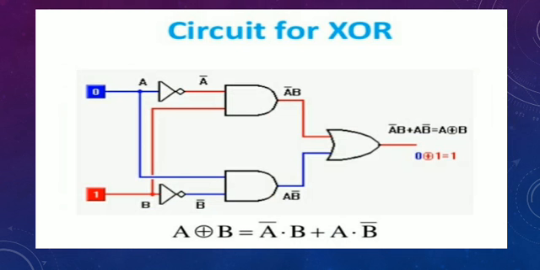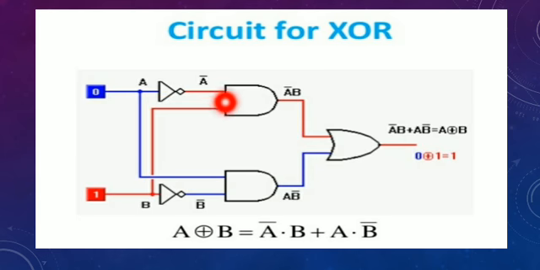XOR gate. See this symbol of the XOR gate, and the circuit. See the first one, which gate is this? NOT gate. And this is which gate? AND gate.